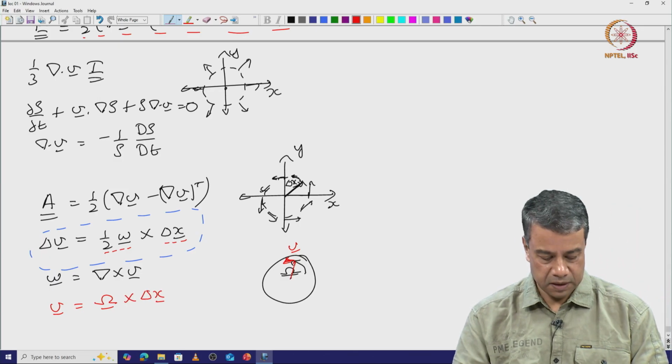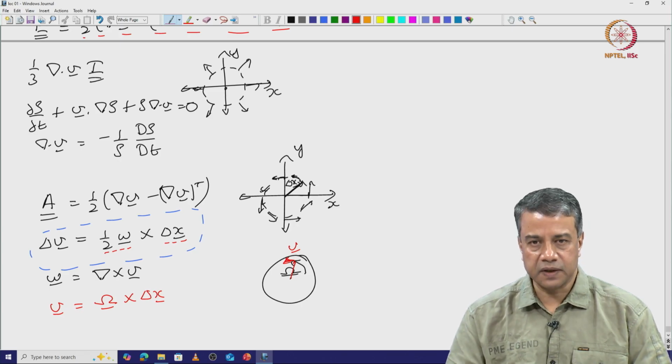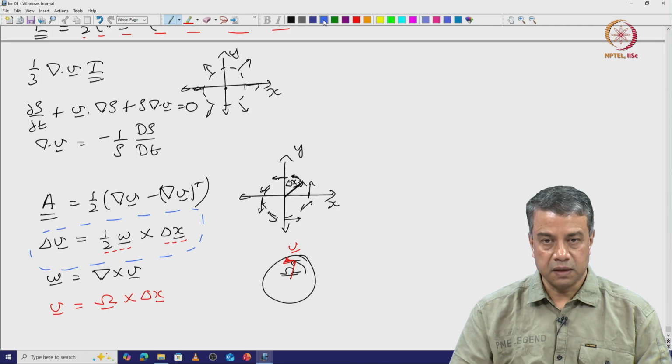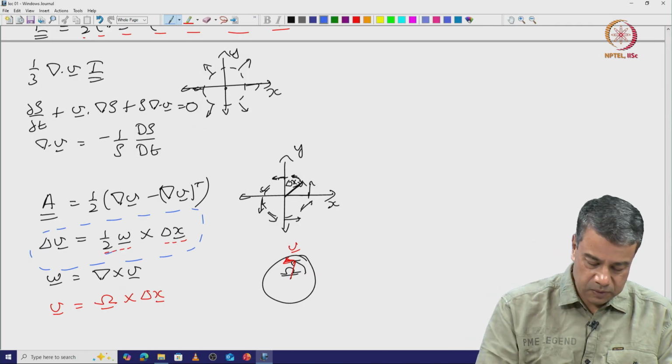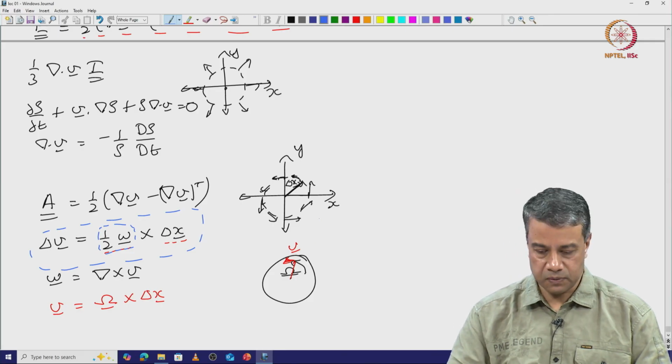Comparing these two, you can see that the form of the deformation due to the antisymmetric part of the rate of deformation tensor is the same as solid body rotation with angular velocity equal to 1/2 of the vorticity.